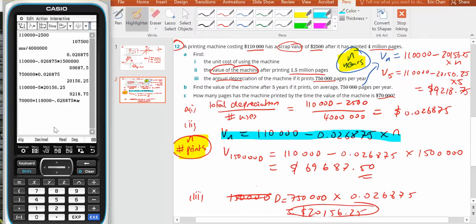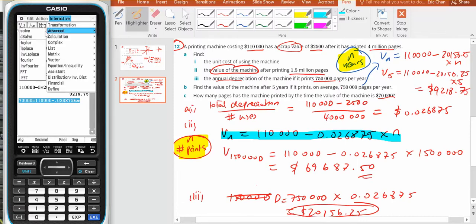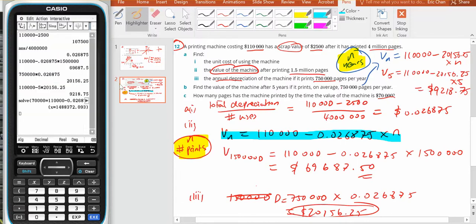I'll just call it x. Can you see that our D value is per page? It's not per year, so that's really important. All right, so interactive and solve, and we can see that's my final answer. It's right over here for the last part, 1,488,373 pages. Okay, we're done.